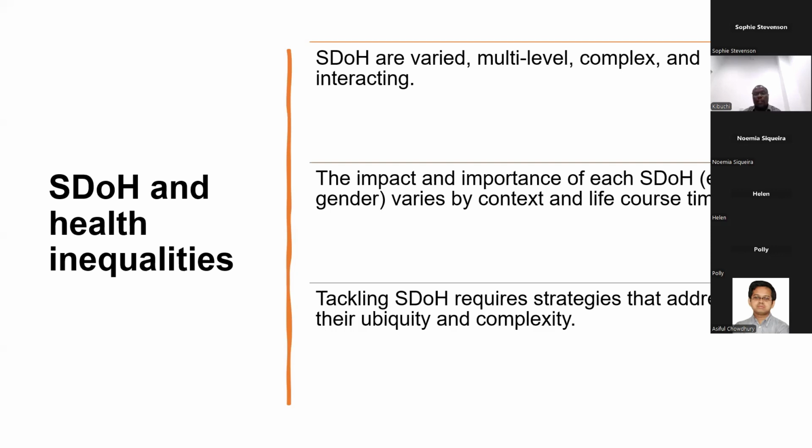And that's why, when it comes to tackling these social determinants of health and how they influence health inequalities, it tends to be very complex and sometimes filled with ambiguity. Because once you start looking at one, it develops multiple layers that you now want to understand.